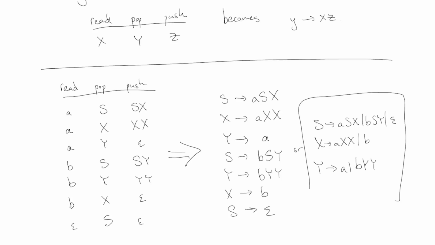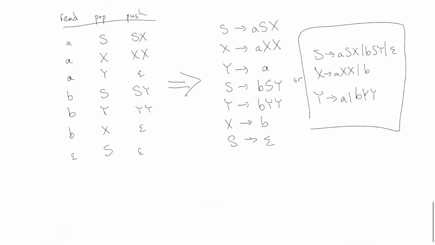This is my grammar. And I would like to try to convince everybody that this really is the same as the stack machine. Like I keep on saying, in my opinion, it's not at all obvious that this works. It seems kind of too easy to actually work, but it really does.